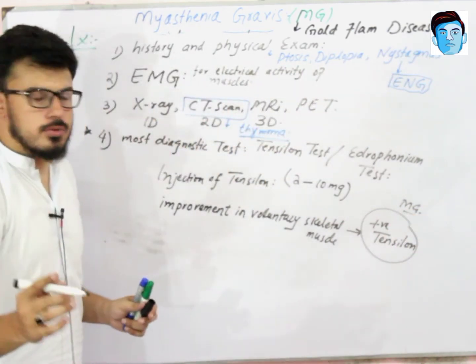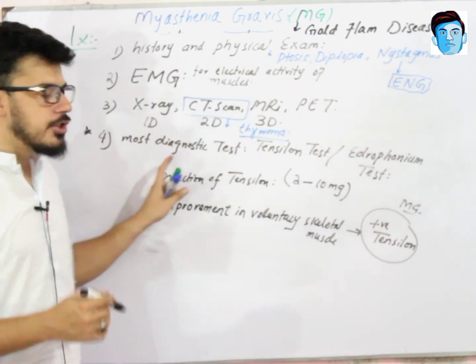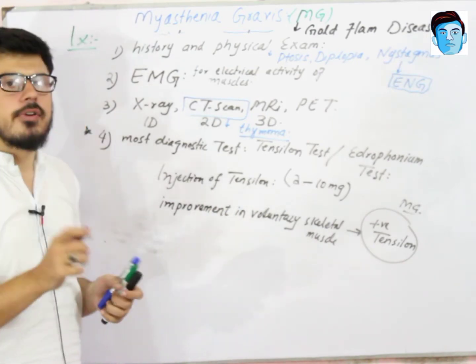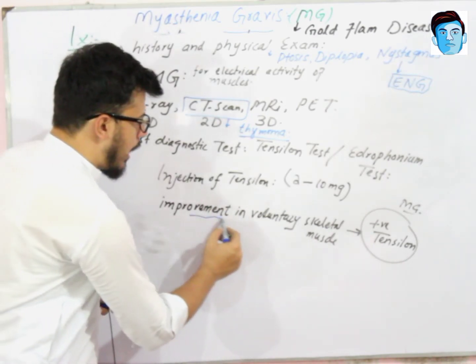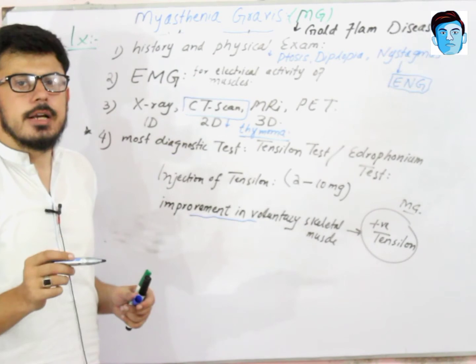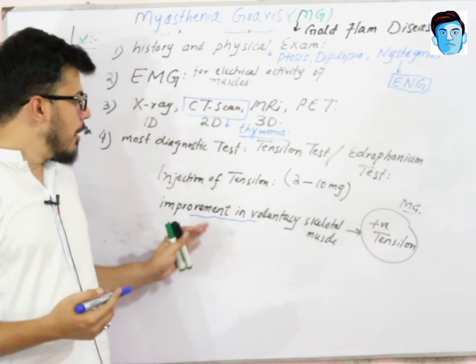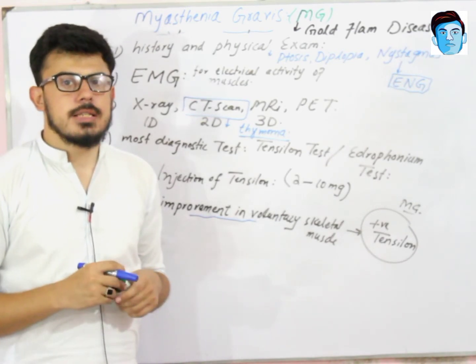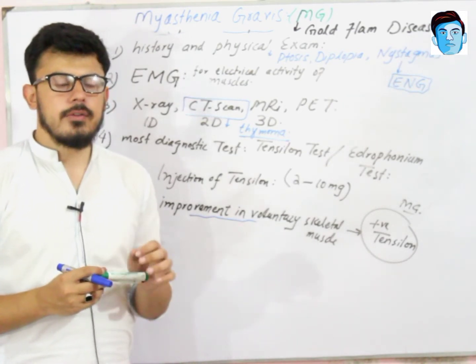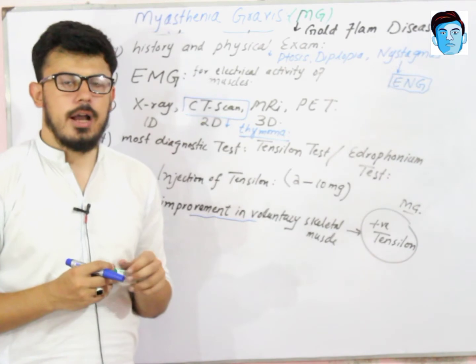I repeat, if the muscle shows improvement, the patient has myasthenia gravis. If the patient shows no improvement in the muscles, it means a negative Tensilon test and there is no myasthenia gravis.